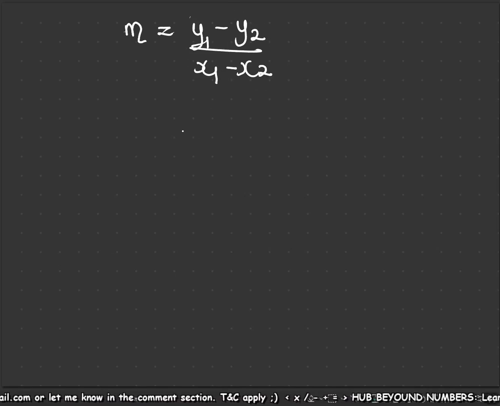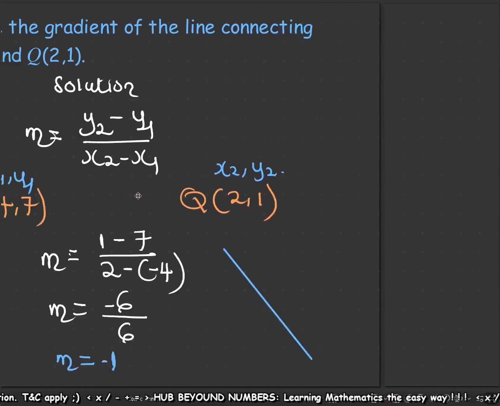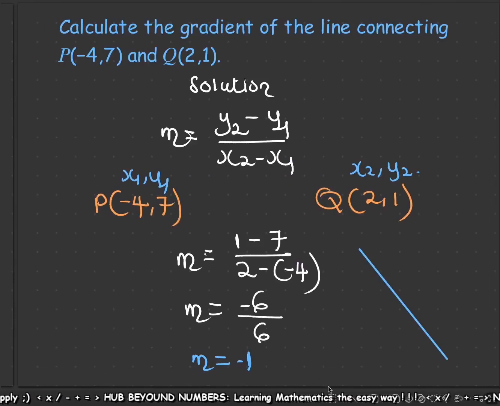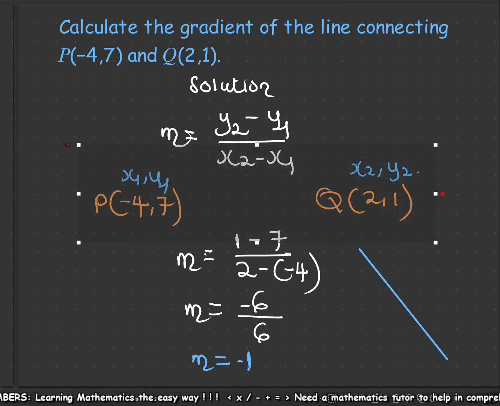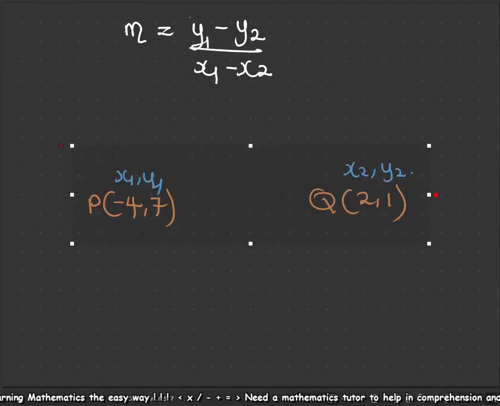But if you go and switch the orders, you make the numerator y1 minus y2, and then make the denominator x2 minus x1, you're going to be wrong. So with this same set of values, let's see if you are going to get the same answer. Okay, so with the same set of values, I'm going to copy and paste that here.